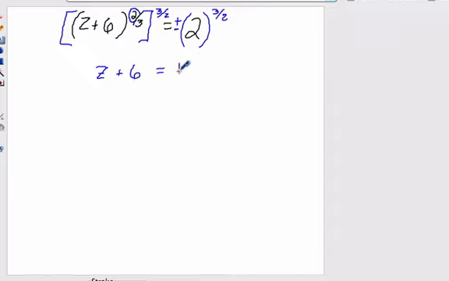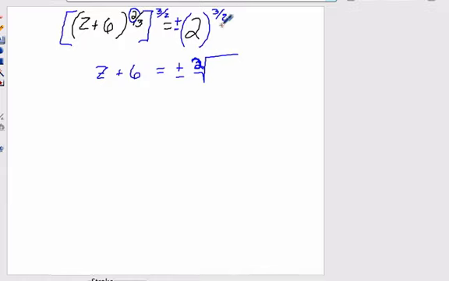equals plus or minus, and I'm going to simplify this to the third root of 2 squared. Oops, I just did that backwards. This is my root.